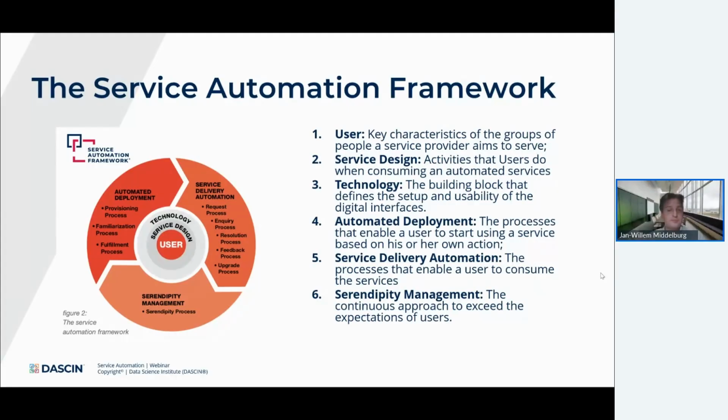Secondly, you need to design your service, and you need to design it based on the preferences of the user. Now, in an automated service, there will always be a number of different steps, because there is always some kind of computer that needs to be able to execute tasks in the backend.